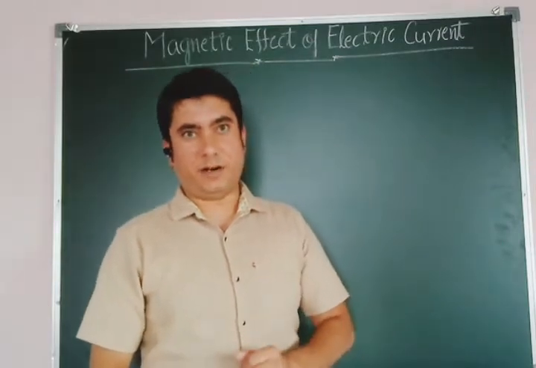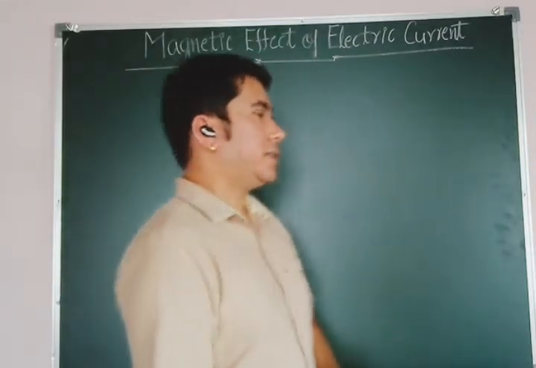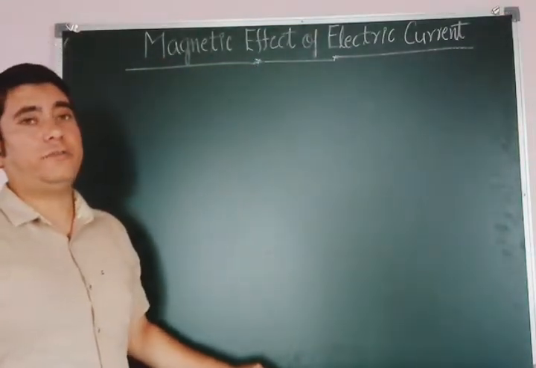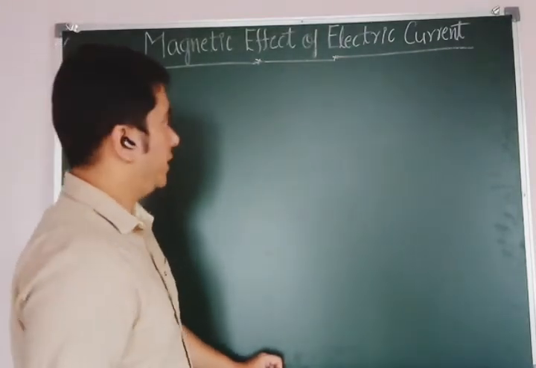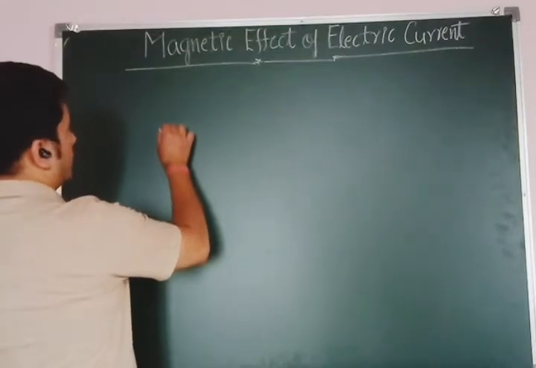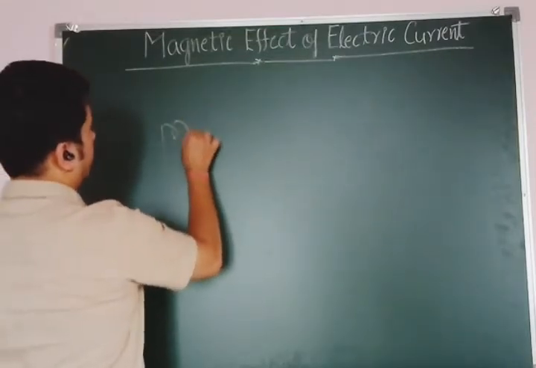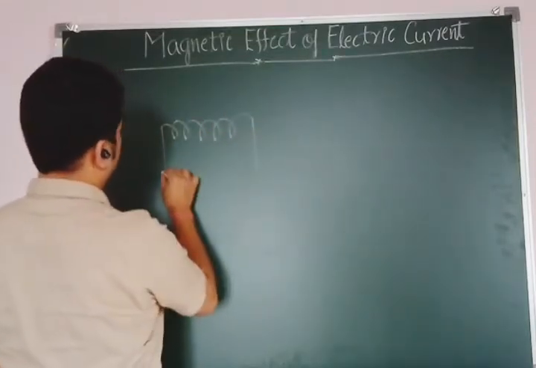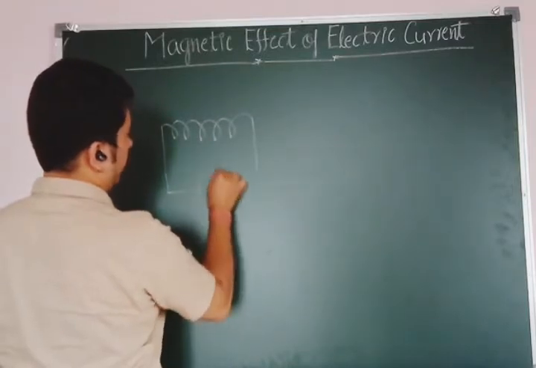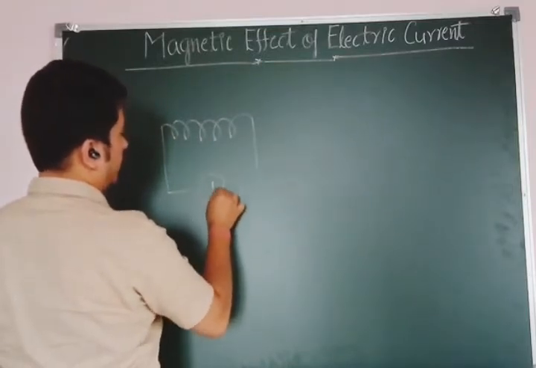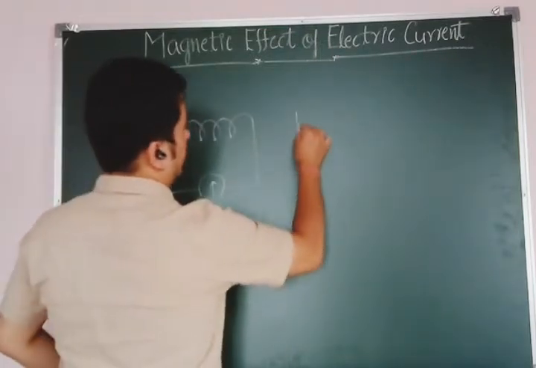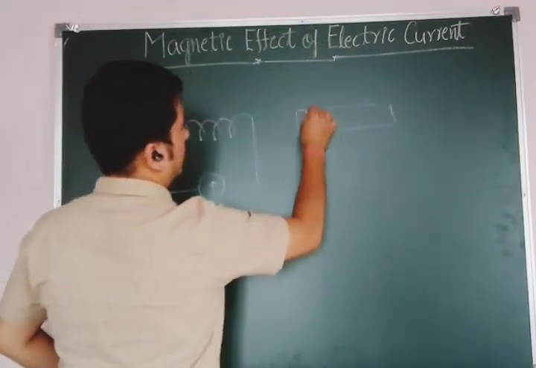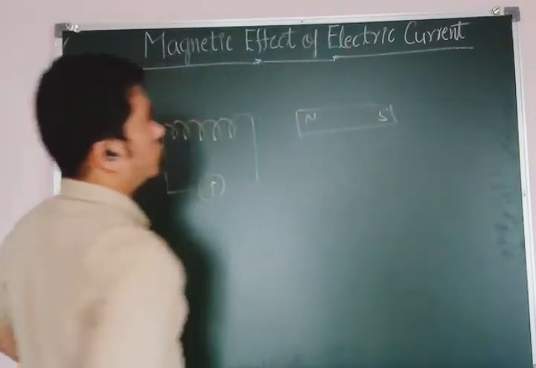So let's start. First, what will be the direction of induced current in the circuit? Let's suppose this is a circuit and there is a galvanometer. We studied it previously also. And there is a magnet, with north and south.